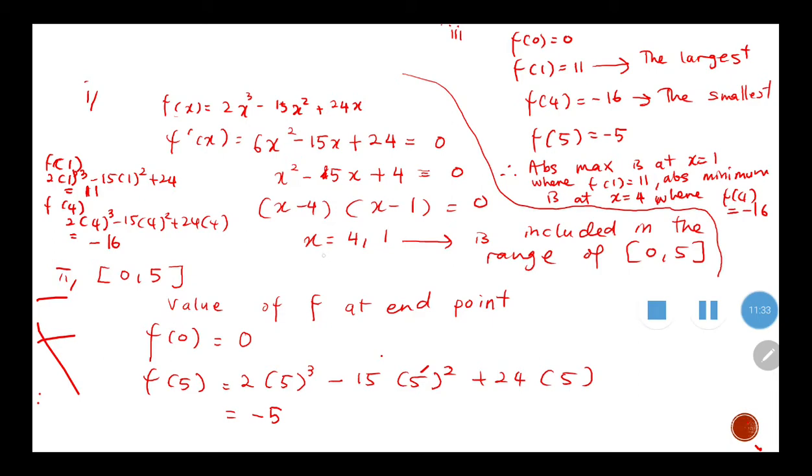Then you will get x, whatever values of x. In this case, the values of x are in the range of 0 to 5. And then replace the value of x into the original equation.